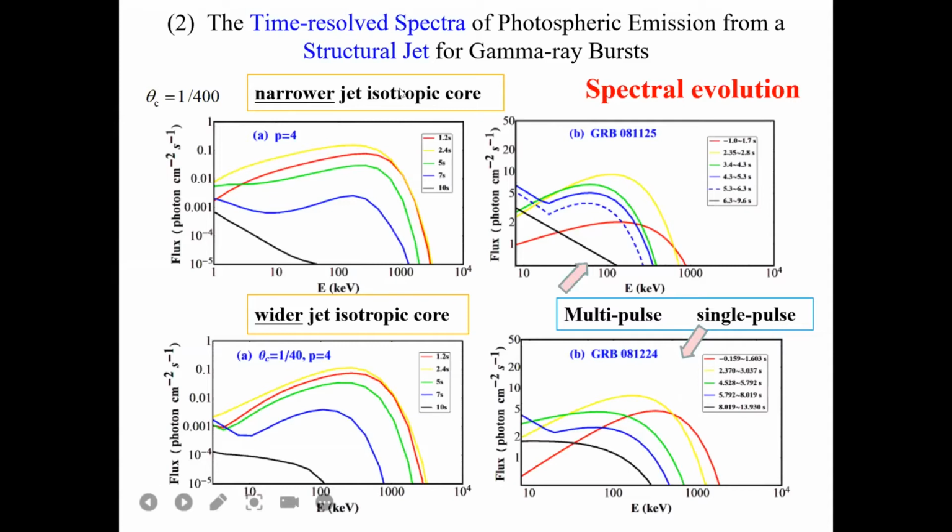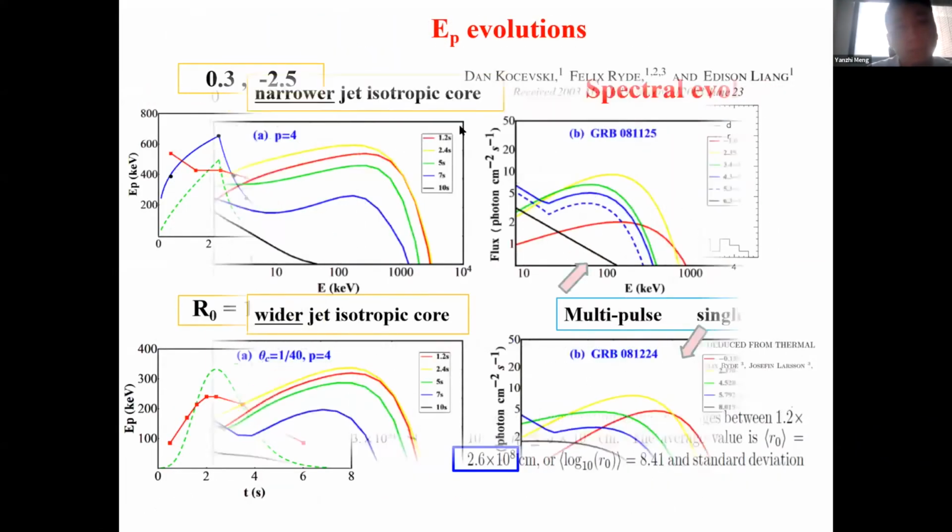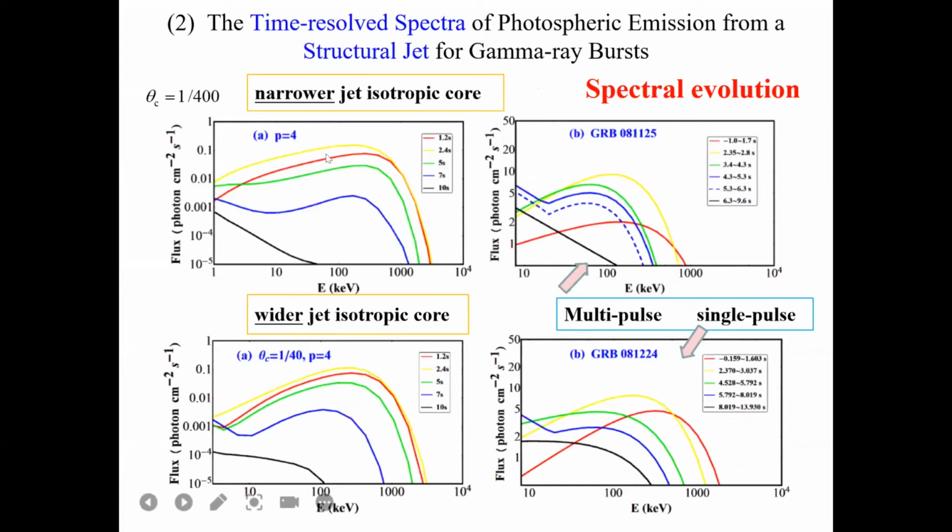If the jet opening angle is smaller, the spectrum evolves from a power law to a single power law with a negative index. And if the opening angle is wider, we find that the spectrum evolves from a power law to another power law, but the only difference is the low energy index.